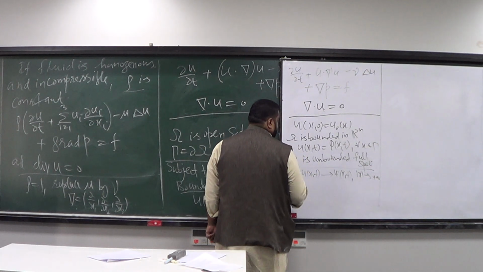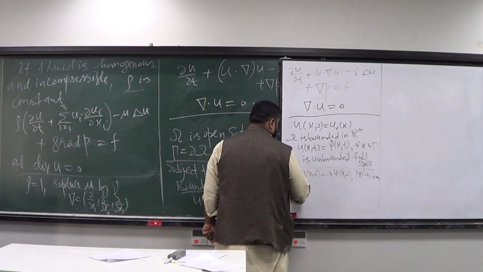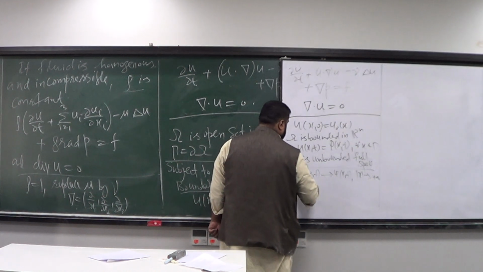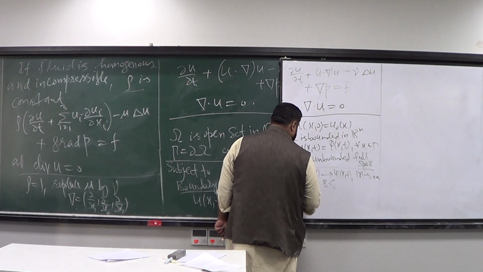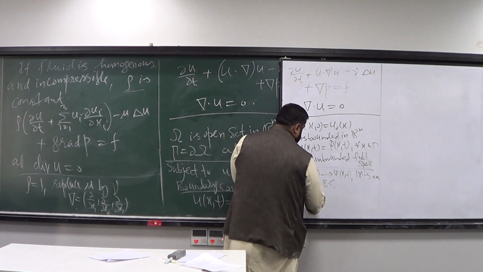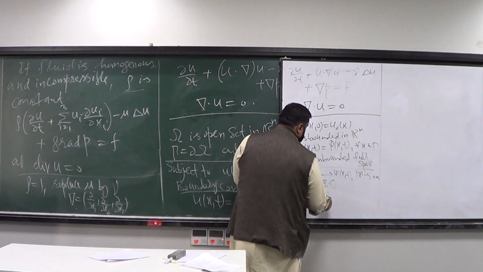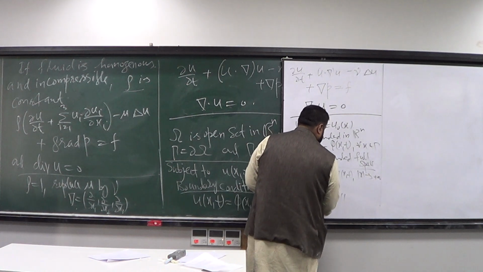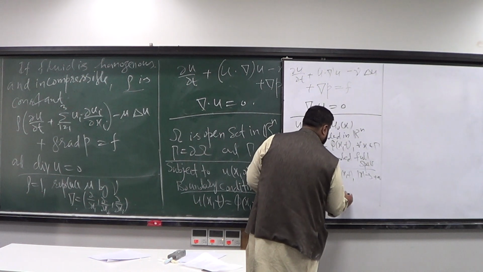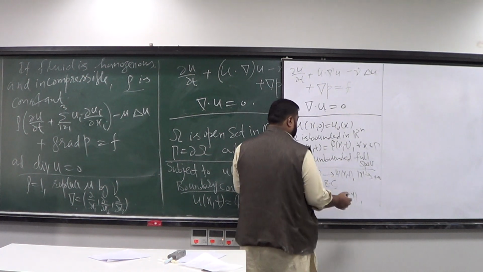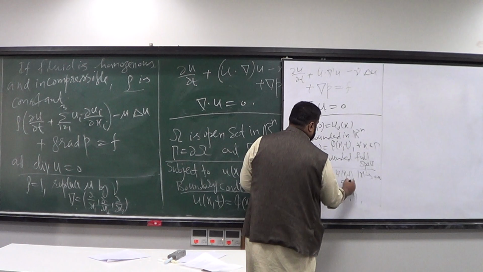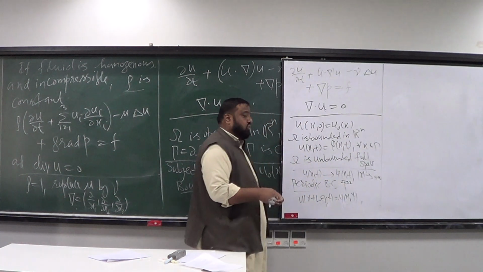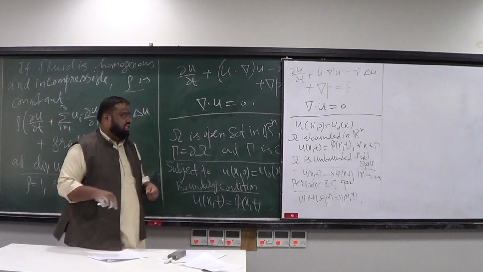And the third kind of boundary condition is the periodic boundary condition, where u(x + L e_i, t) takes you back to u(x,t). So this means that you are sitting on a torus, you are living on a torus.